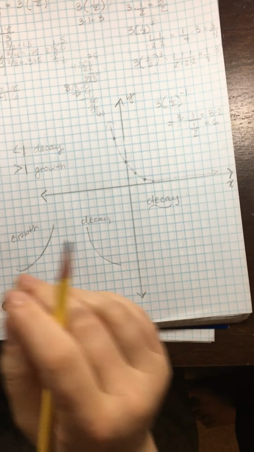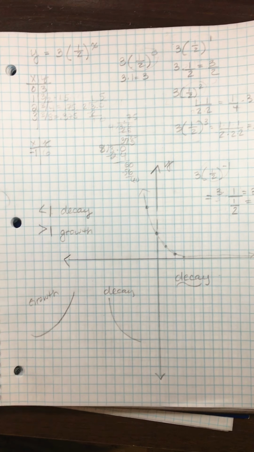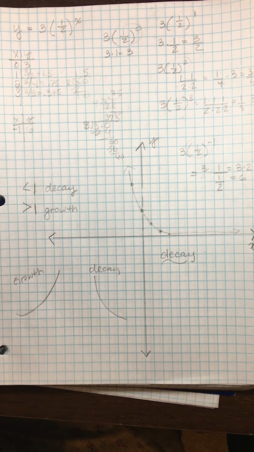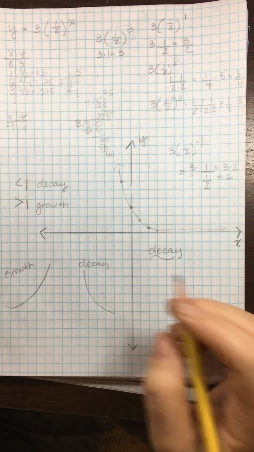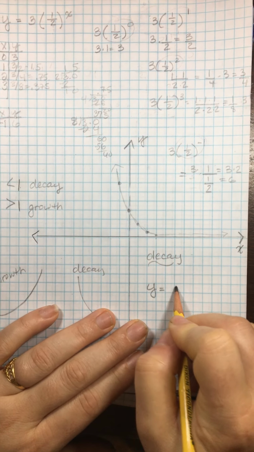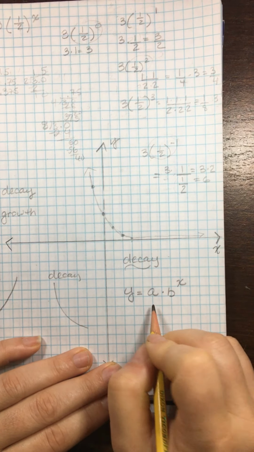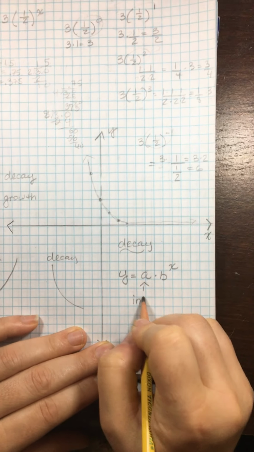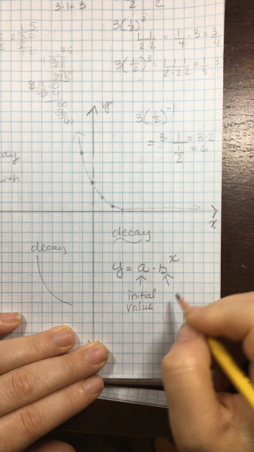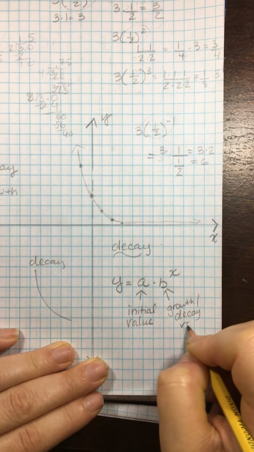All right. So again, let's give an equation that I think will help you with this. Let's say y equals, this is just the formula, a times b to the x, all right? This a right here is your initial value. This b is going to be your growth or your decay rate.